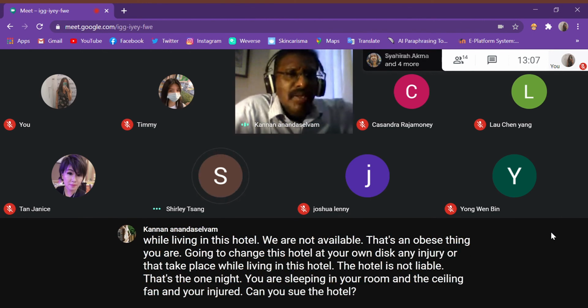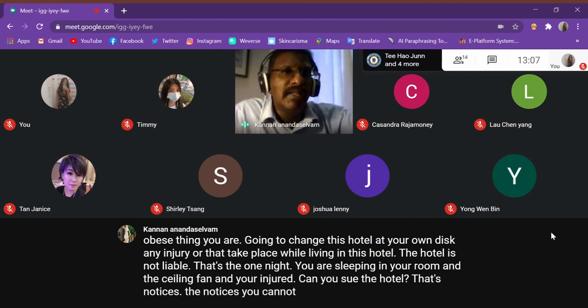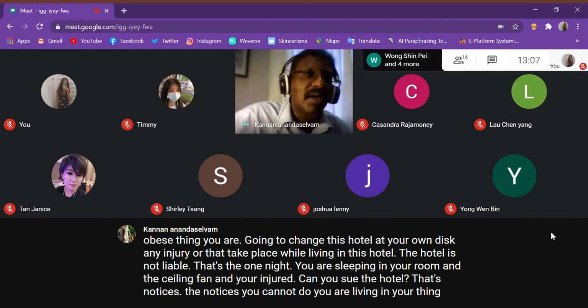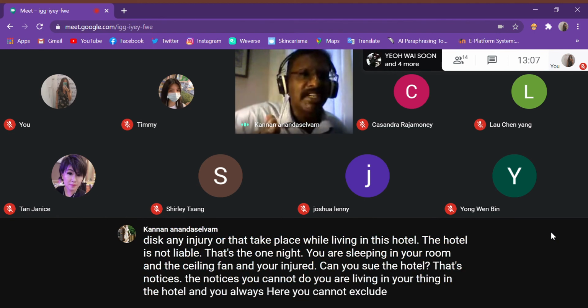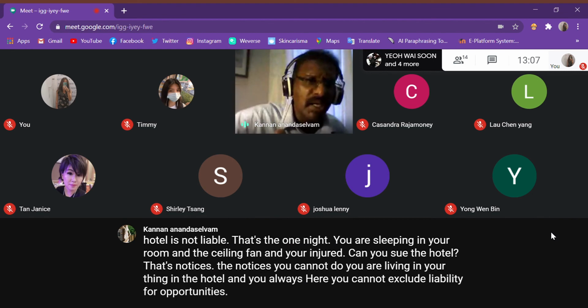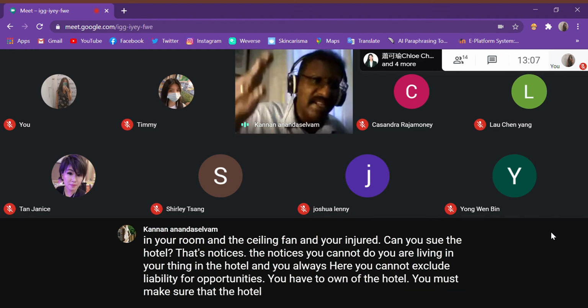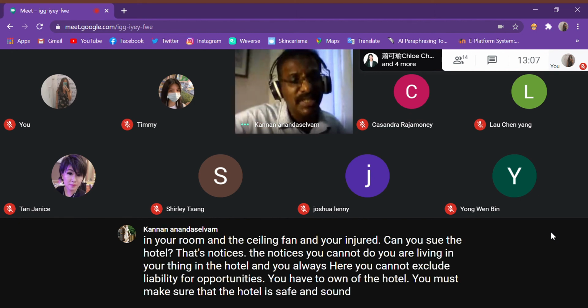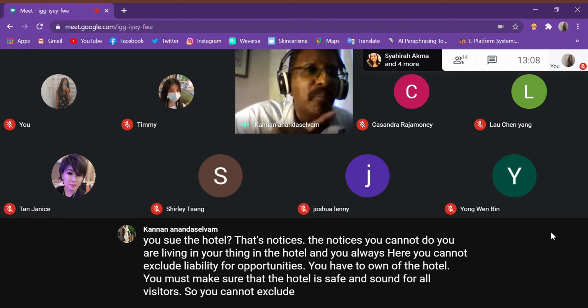No. The notice says you cannot sue. You are staying in the hotel at your own risk. So here you cannot exclude liability for personal injury and death. You as the owner of the hotel must make sure that the hotel is safe and sound for all visitors. So you cannot exclude liability for personal injury and death.